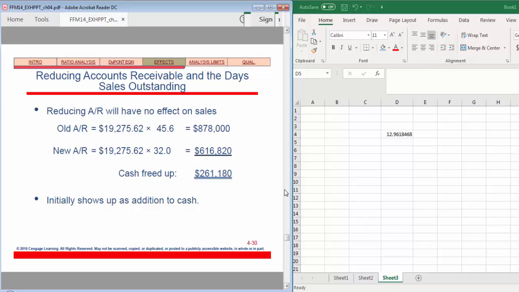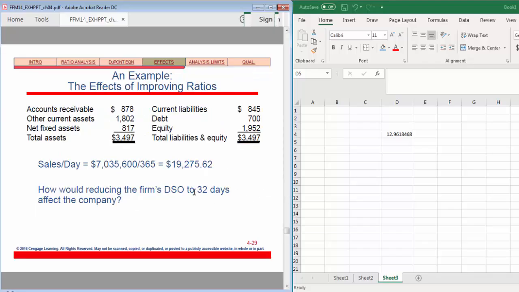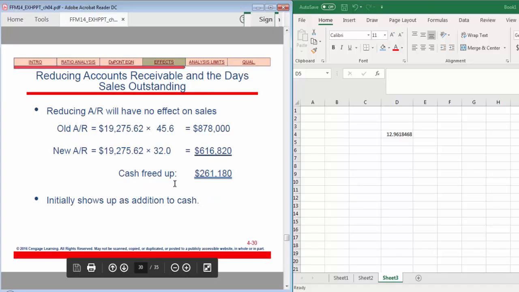So we're looking at different scenarios. So if we were to, let's say, reduce our days sales outstanding, DSO, how would that affect the company? You can see this.